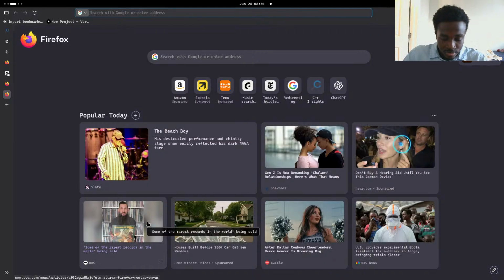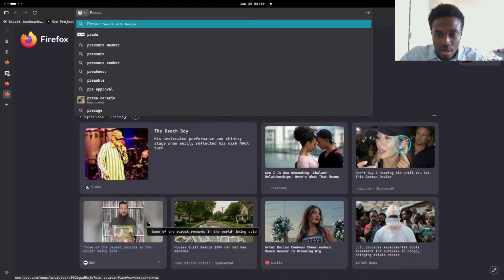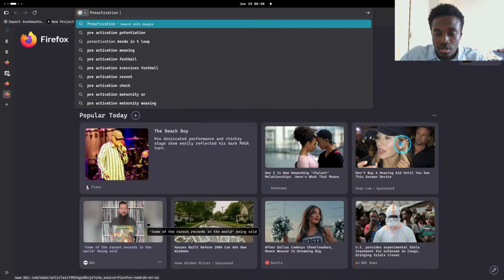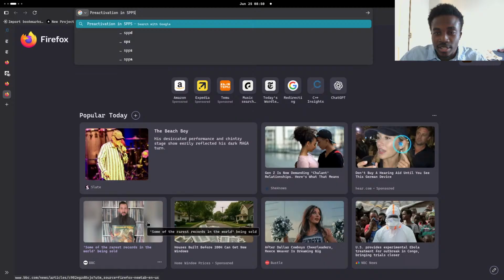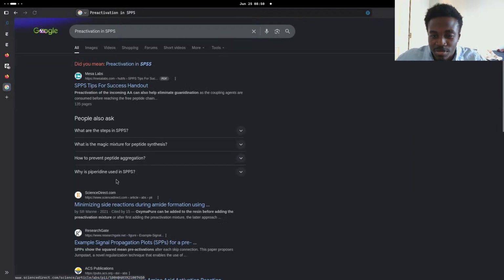Alright. Pre-activation in SPPS. No, I did not mean this. SPPS test for successful handout. Pre-activation of incoming amino acids can help eliminate guanidination as the coupling agents are consumed, minimizing side reactions during amide formation.